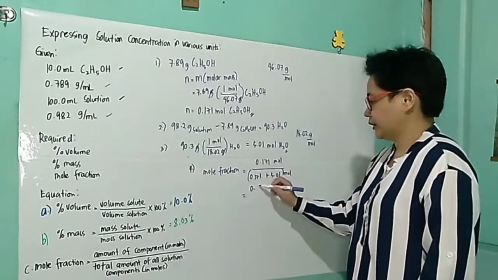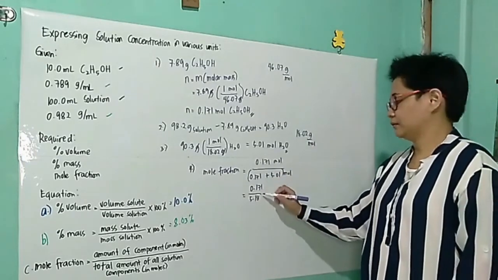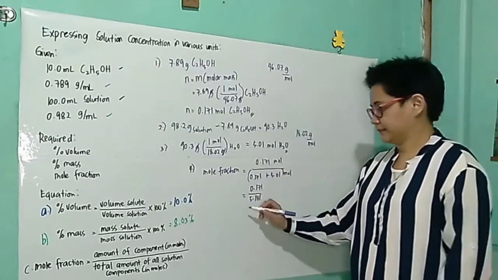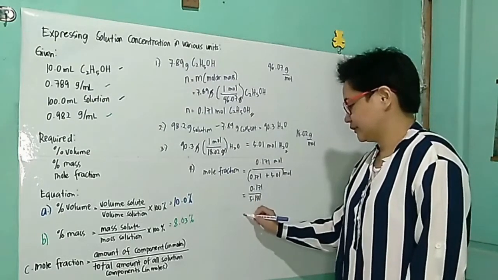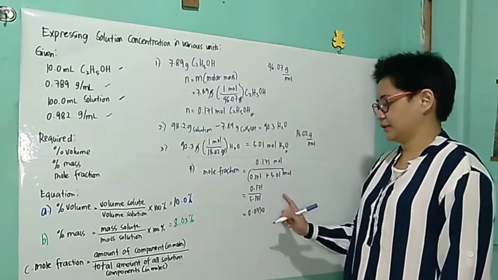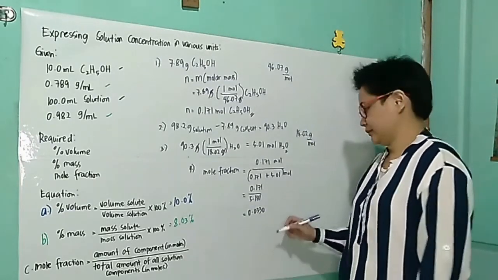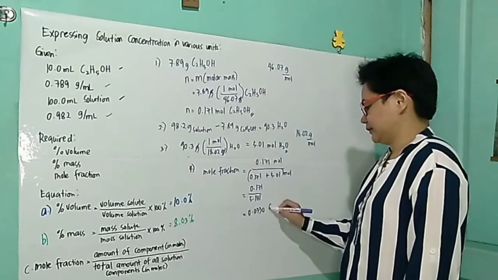Which will give you an answer of 0.171 divided by 5.181. So mole fraction is 0.0330. This is your mole fraction for ethanol.